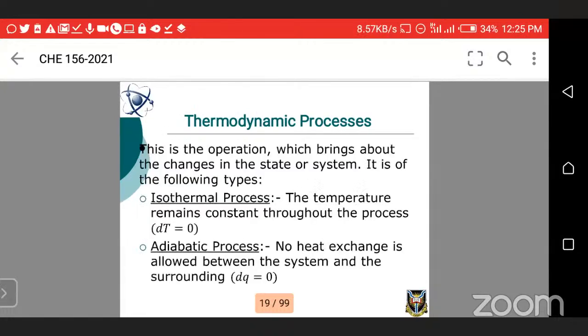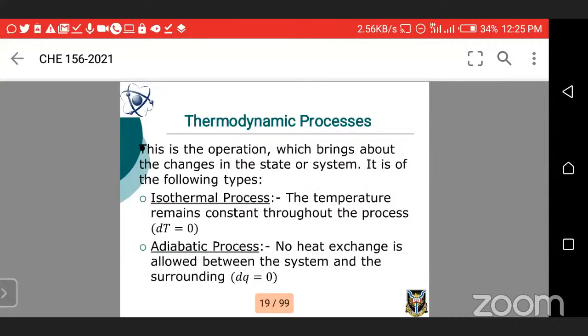Then we also have thermodynamic processes. These are the processes that bring about changes in the state of the system, and there are different types.